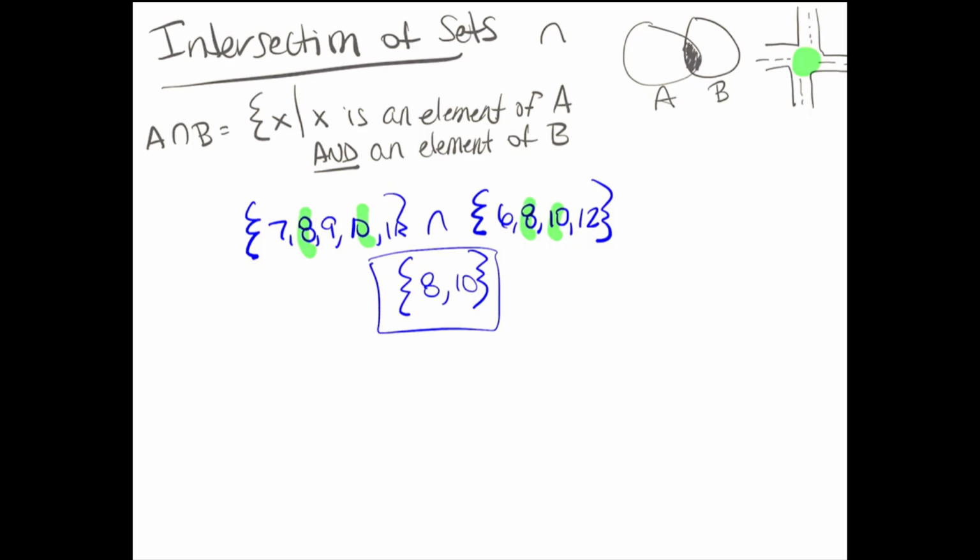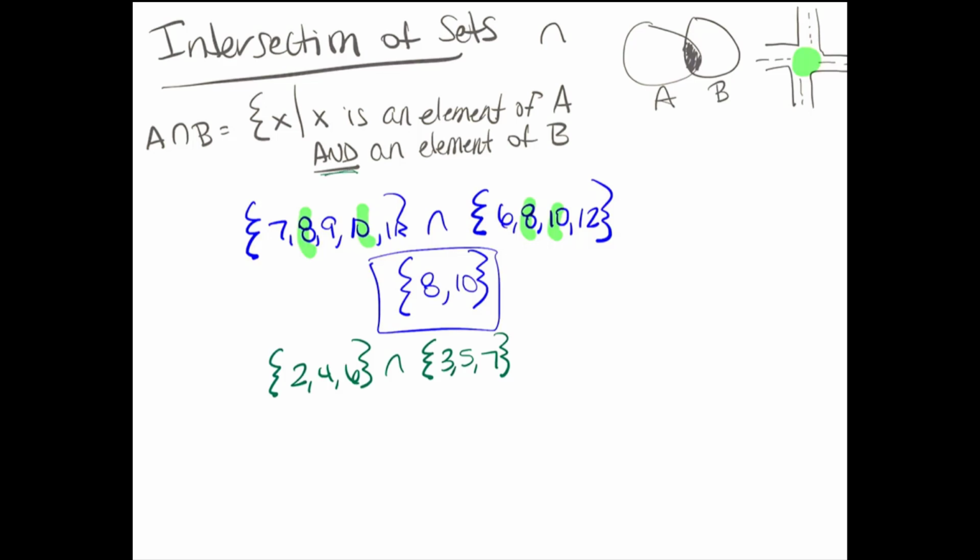So let's try one more. Let's say we have the set 2, 4, 6, and we want to find the intersection of that set with the elements 3, 5, and 7 in this set. When I'm looking for intersection, I'm looking for where they're in both.